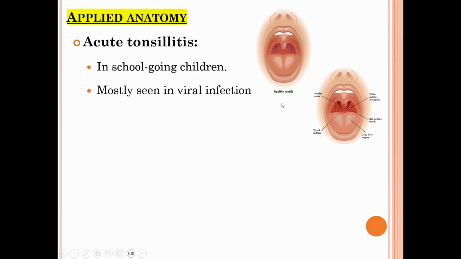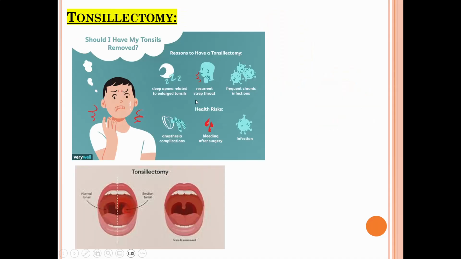Okay, now applied anatomy, tonsillitis, and specifically we will say acute tonsillitis because it is most common in school going children and it is involving viral infection. Okay, so here you can see what can be the reason to have tonsillectomy, why you need tonsillectomy. If there is tonsillitis, if there is sleep apnea related to the enlarged tonsil, or there is recurrent strep throat, frequent chronic infections.